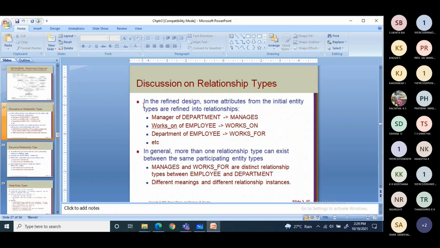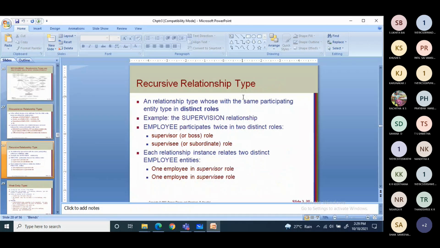We know already what we mean by instance. Instance is a value. Each relationship type accepts different attribute values. So next one is recursive relationship type.